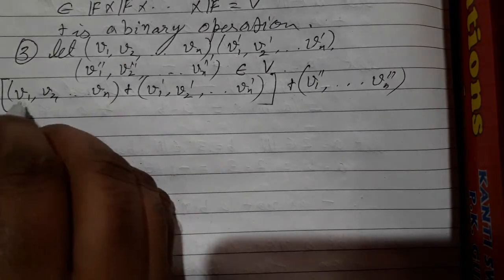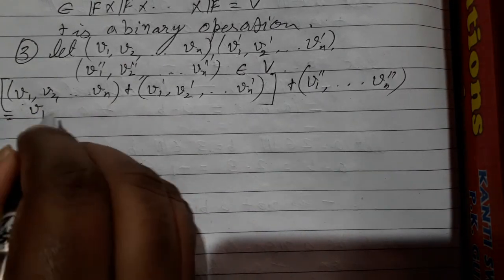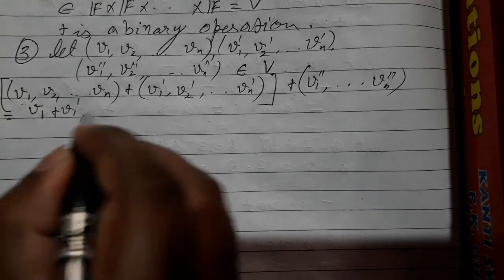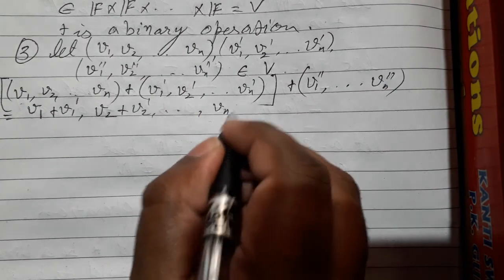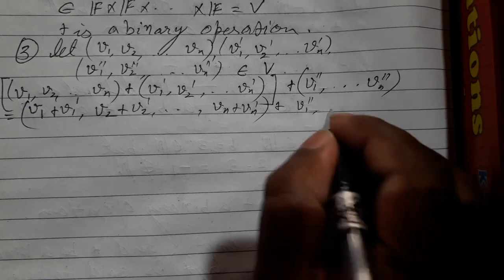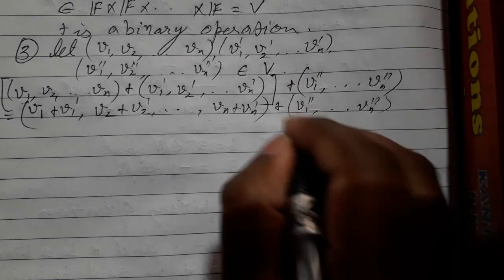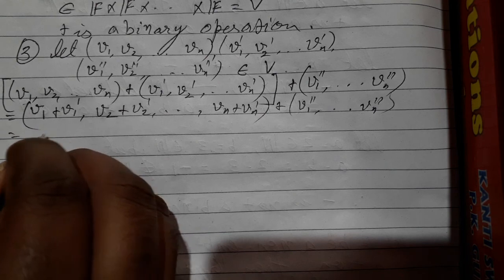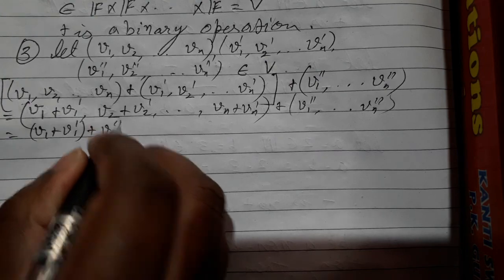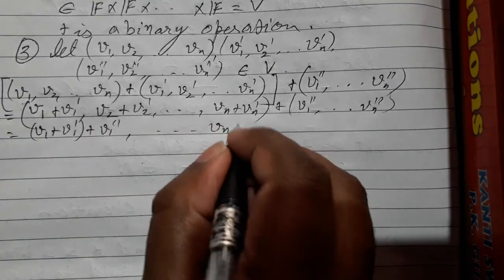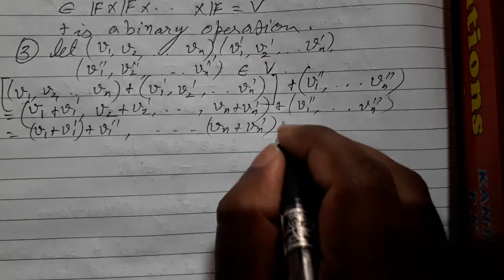So this will be equal to, adding coordinate-wise, (v1 plus v1 dash, v2 plus v2 dash, so on till vn plus vn dash) plus (v1 double dash, so on till vn double dash). This will be equal to (v1 plus v1 dash plus v1 double dash, so on till vn plus vn dash plus vn double dash).